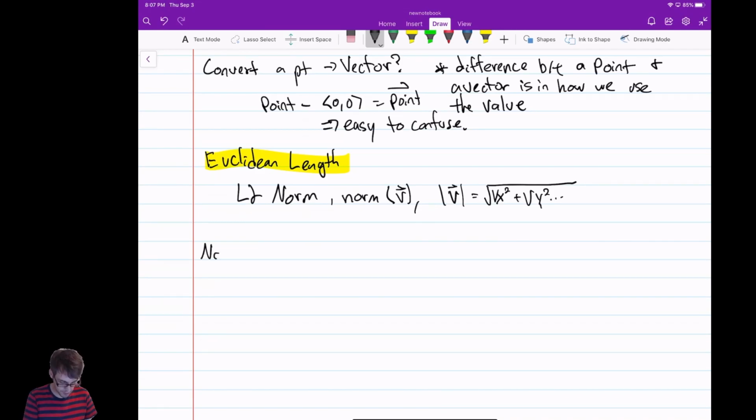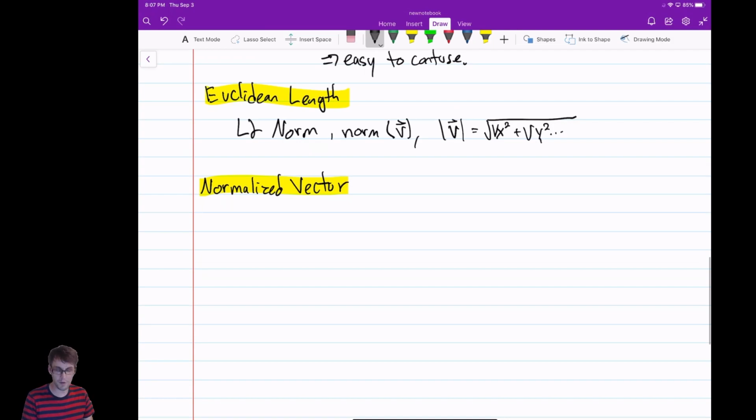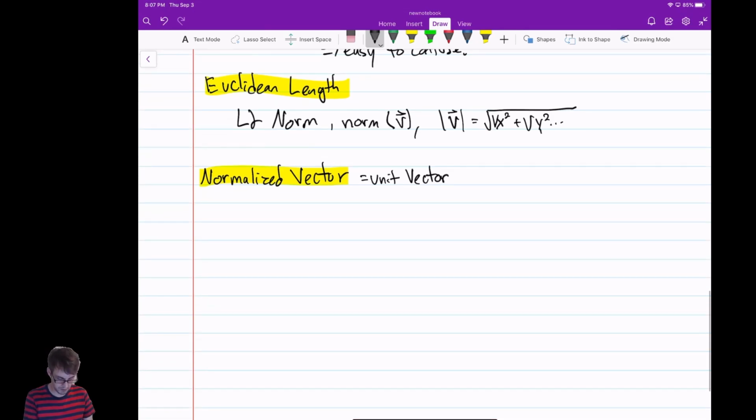Another thing I'd like to introduce is this concept of what's called a normalized vector. Now, a normalized vector is simply a vector with length 1. So it's called the unit vector. It's a vector in a given direction of length 1.